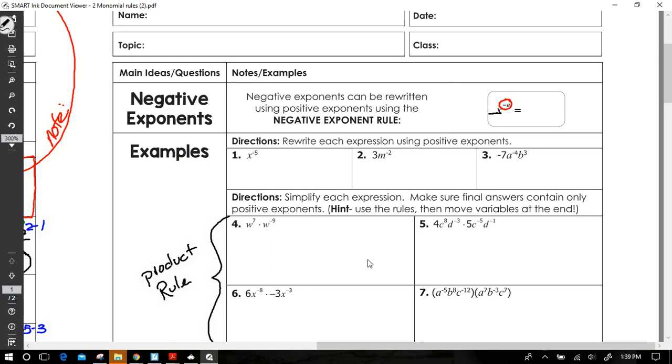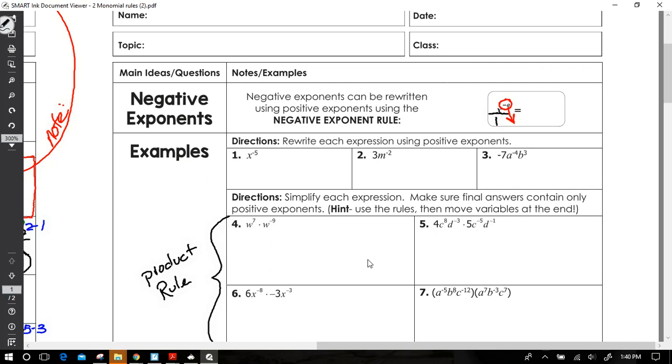Okay, so you might be thinking, I don't have a fraction, but we always have a fraction. Everything can be written over 1. Okay, so what I'm going to do is show my work by circling it and then drawing an arrow to the other side of the division bar that it should go to.